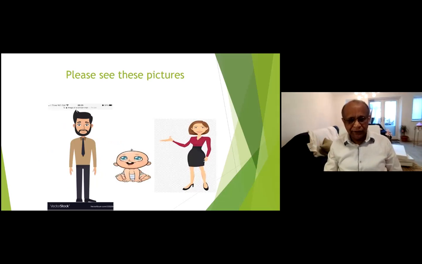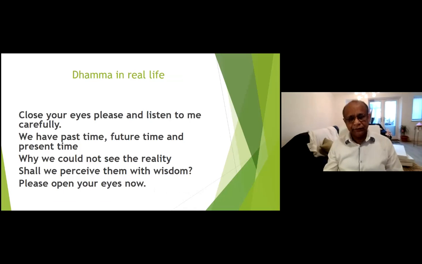Now, can you please see this picture now with open eyes? So you can see a man, you can see a baby, you can see a woman. But first, for half a minute, please stare at this picture. Okay, now the picture is gone.